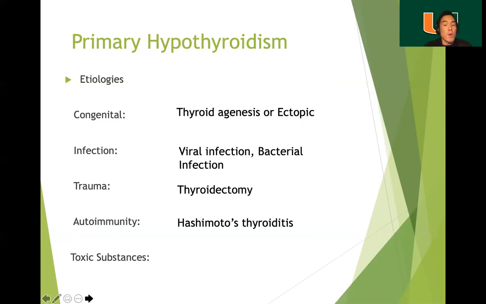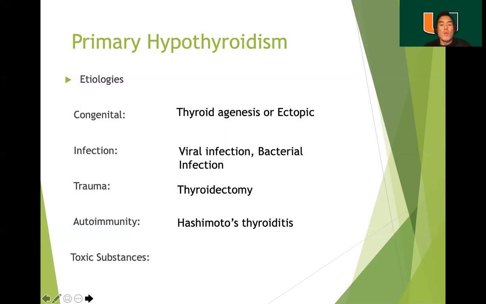Autoimmunity, Hashimoto thyroiditis. Remember this name? I'm going to be asking a question about Dr. Hashimoto, especially the paper that he described Hashimoto. So look that up. It was described more than 100 years ago, and it still stands until today.